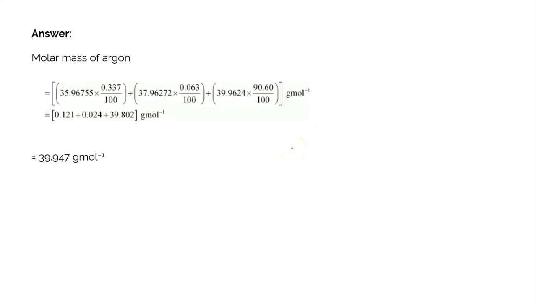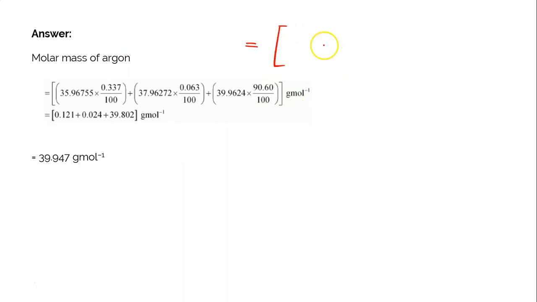I already gave you the formula to calculate average molar mass in part 2 of this video series. Once more, let us revise the formula and then let us simplify it. Average molar mass of any element with isotopes can be calculated like this.